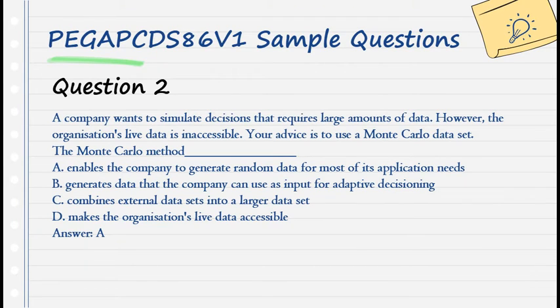A. Enables the company to generate random data for most of its application needs. B. Generates data that the company can use as input for adaptive decisioning. C. Combines external datasets into a larger dataset. D. Makes the organization's live data accessible. Answer: A.